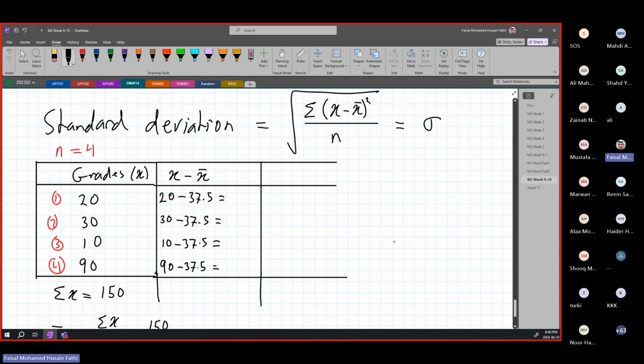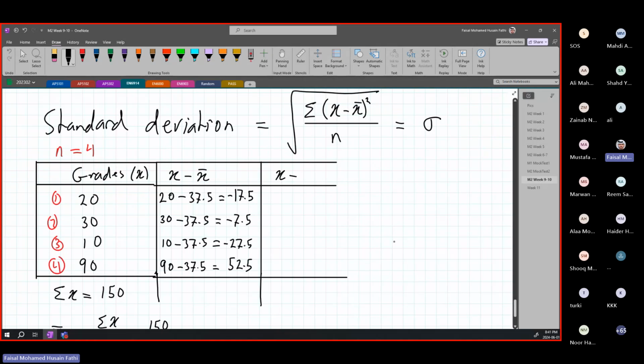Directly you would just calculate it and put the actual final value for each. But just so you understand where I'm getting these values, the first one is negative 17.5, the second one is negative 7.5, the third one is negative 27.5, and the last one is 52.5.